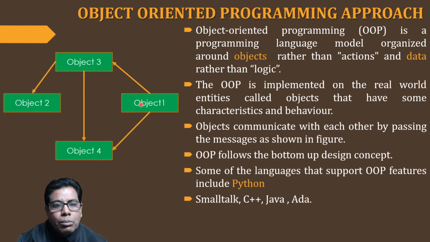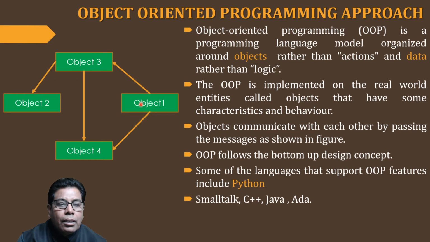Now OOP follows the bottom-up design concept. That means it starts from the bottom and goes up. So first we design the classes, and then we can call the particular main program.